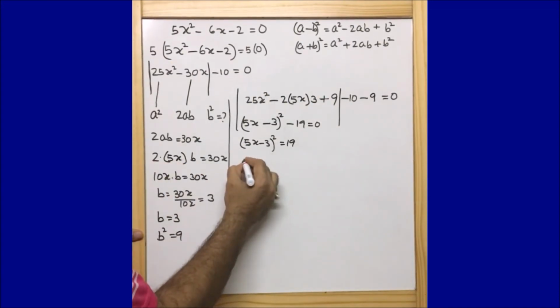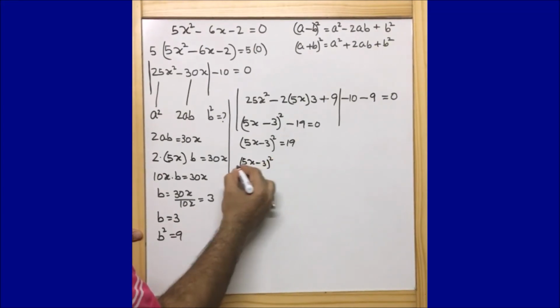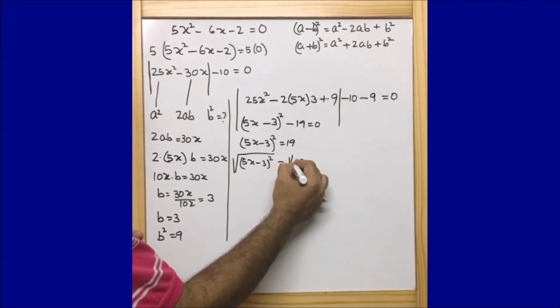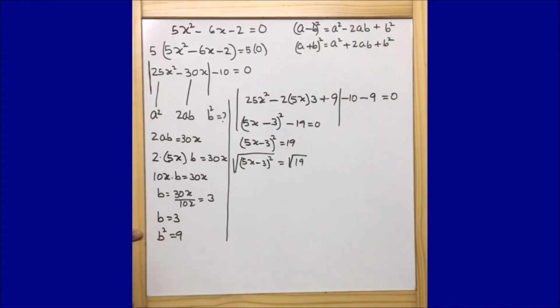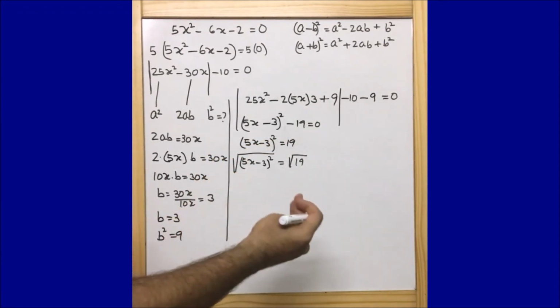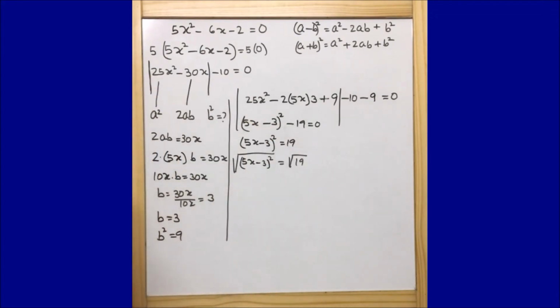Now I can say the square root of 5x minus 3 whole square is equal to the square root of 19, just taking the square root of both the sides. I cannot take the square root of only one side and leave the other side as it is. If we are doing something to the left side, we should do the same thing to the right side.